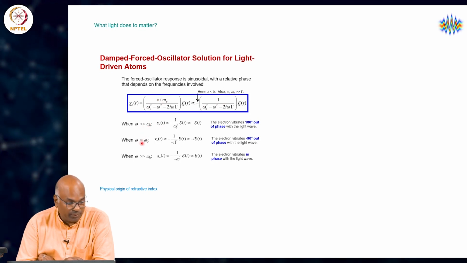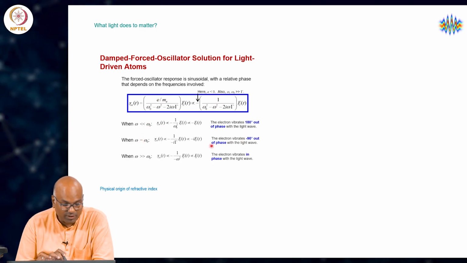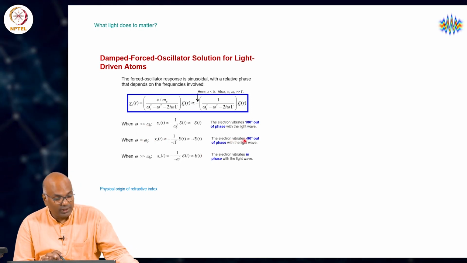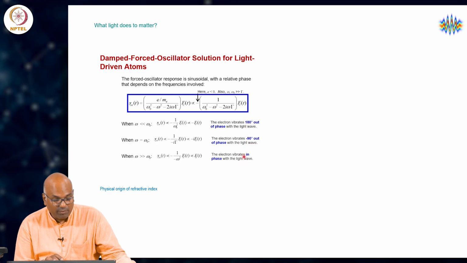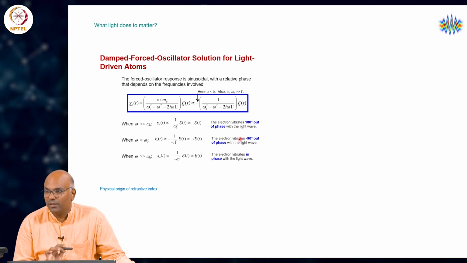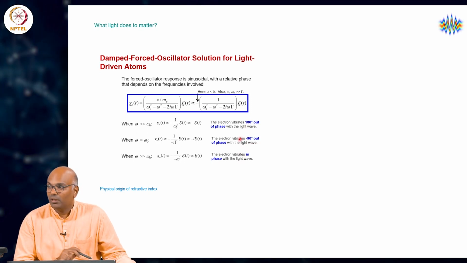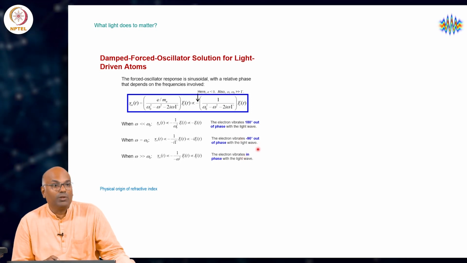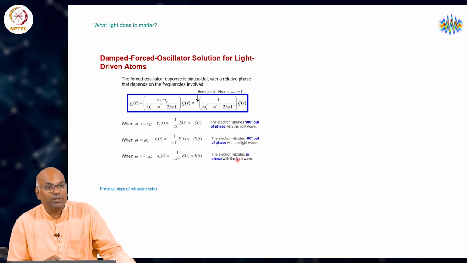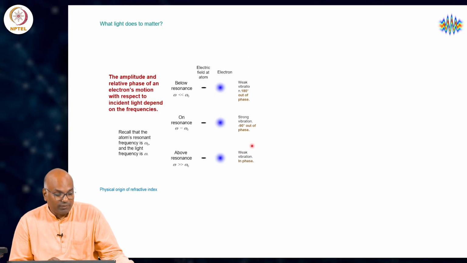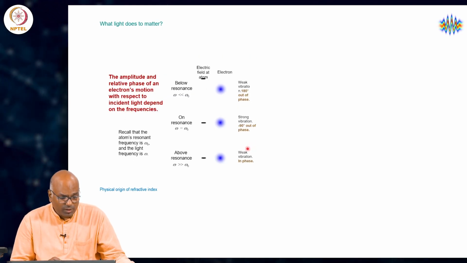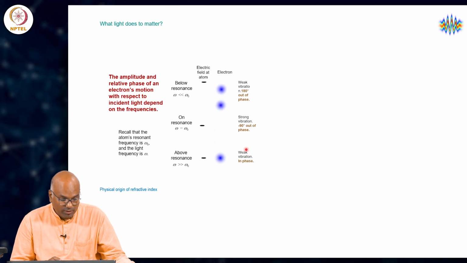If the frequency of the driver and the driven system match, then the amplitude of oscillation is rather large for the resonant case, okay, as compared to the 2 off resonant cases. That is all this signifies. There is no change in the frequency of the oscillation of the electron cloud or the atomic system as compared to that of the driver. So, this is what we model in this case.